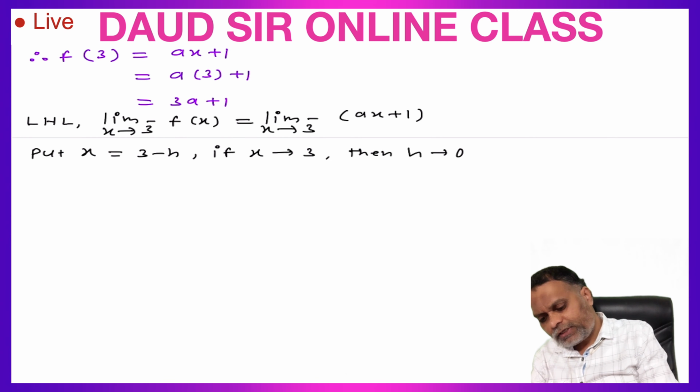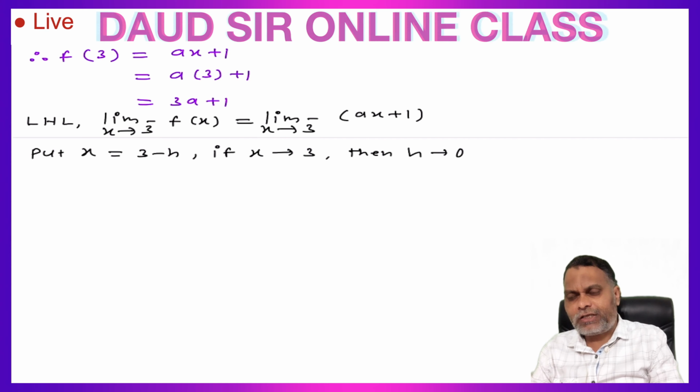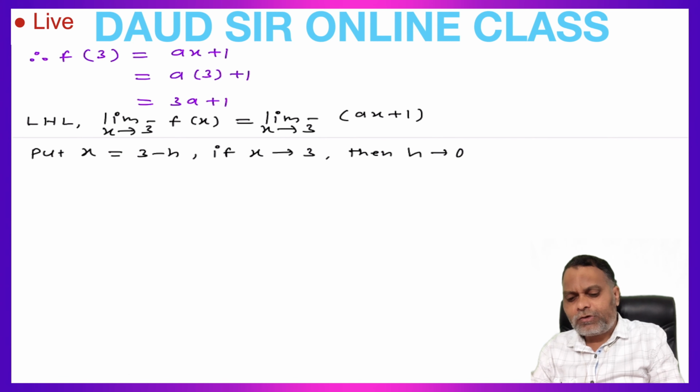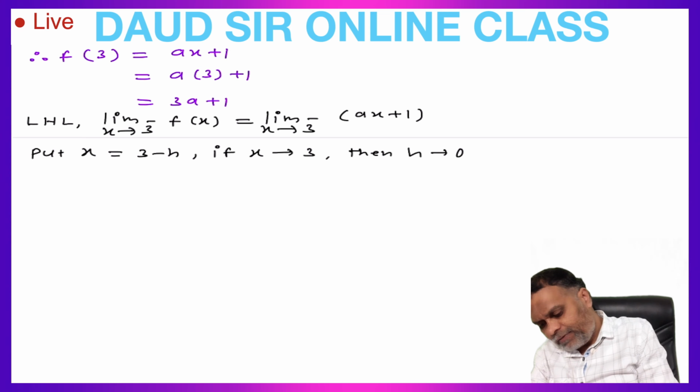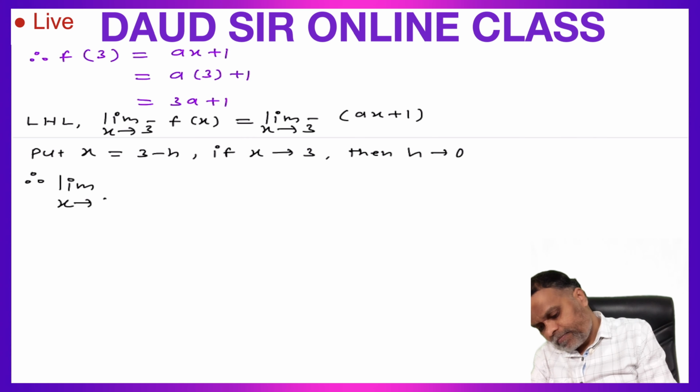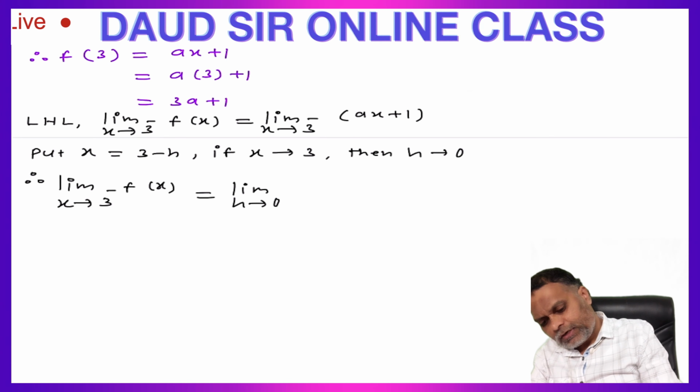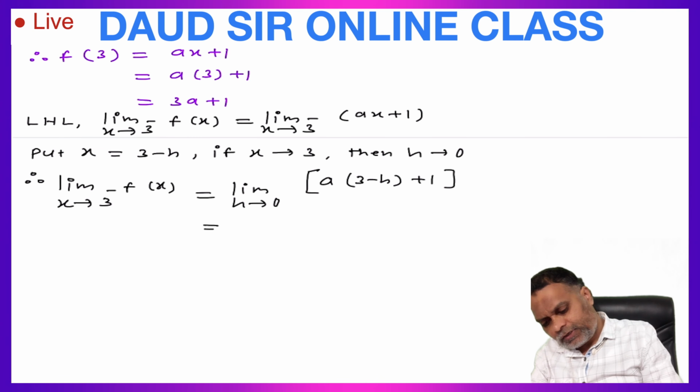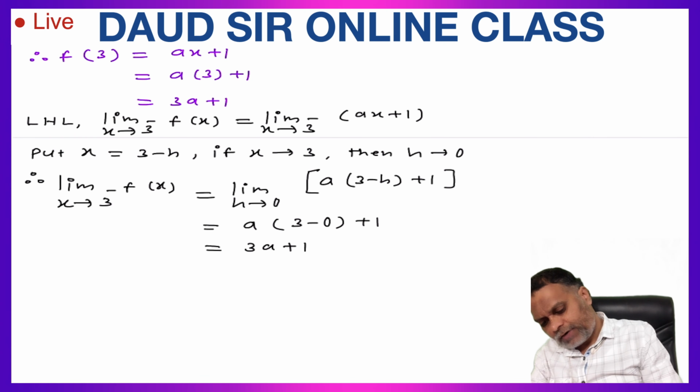How? Put this 3 minus h, 3 minus h tends to 3, 3 cancelled, minus h tends to 0, that is h tends to 0. Therefore, left hand limit will become limit h tends to 0 of a into 3 minus h plus 1. Substitute h is equal to 0. So a into 3 minus 0 plus 1, which is equal to 3a plus 1.